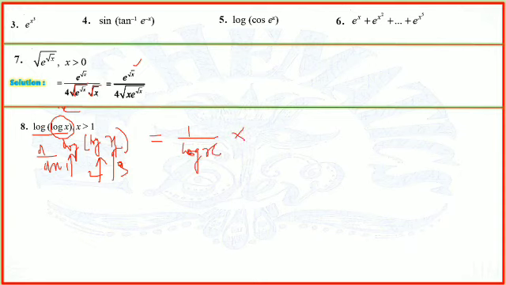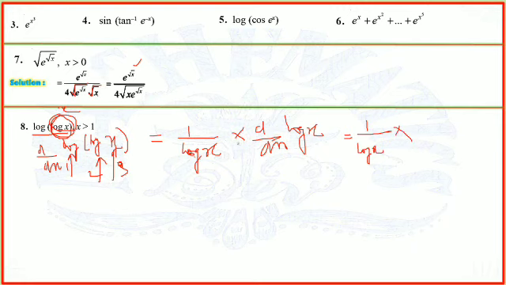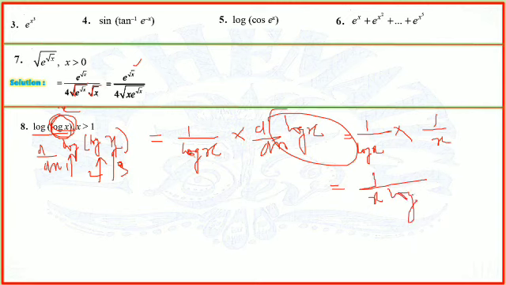Then the derivative of log x, this one which I have made a circle. So again 1 upon this outside log x into the derivative of log x, now 1 upon x. So simple. So overall 1 upon x into this one, so its derivative is 1 upon x log x. That is the derivative of question number 8.